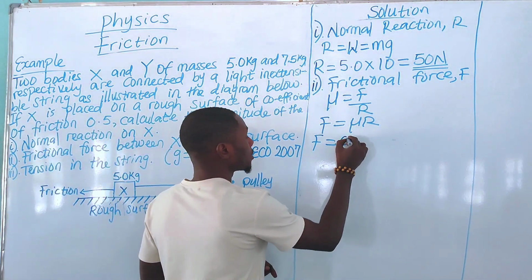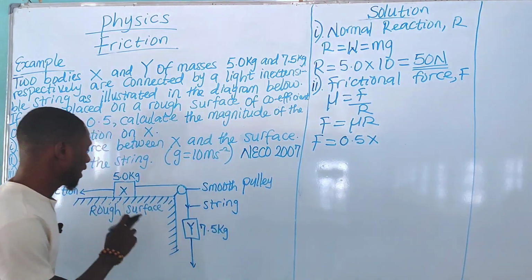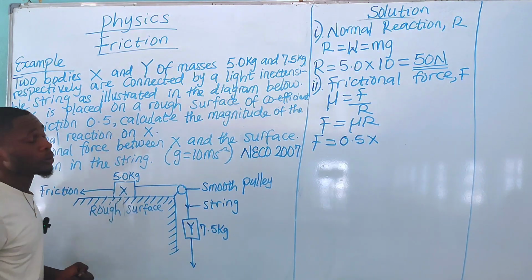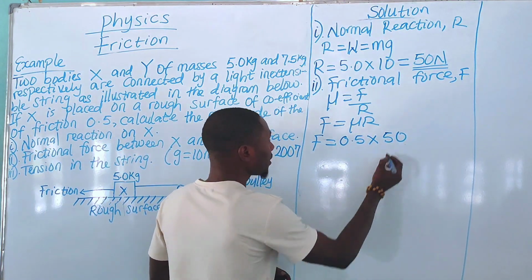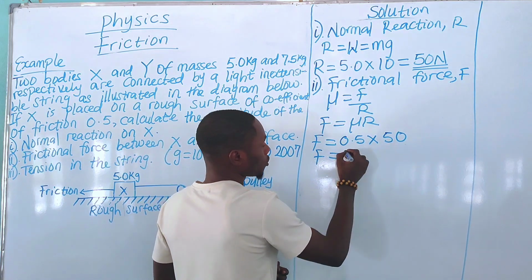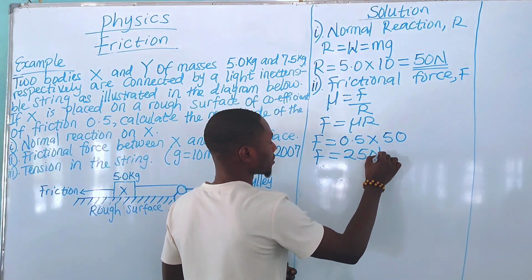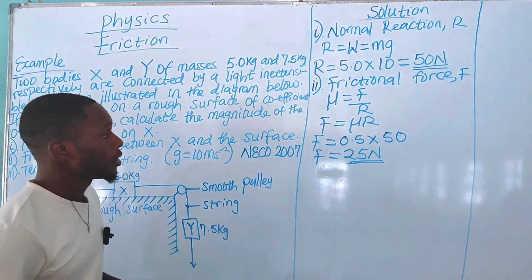So we have 0.5 times the normal reaction on body X, which we've already calculated to be 50 Newton. So 0.5 times 50, our frictional force becomes 25 Newton.